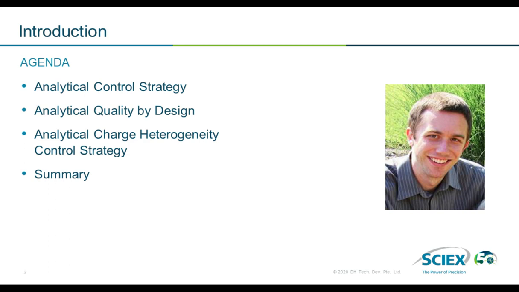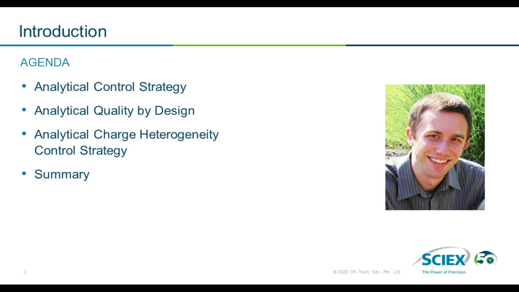So we'll start today with a brief introduction to the overall analytical control strategy of therapeutic proteins. And we'll touch on how those methods that govern our analytical control strategy can themselves be developed through a quality by design approach.